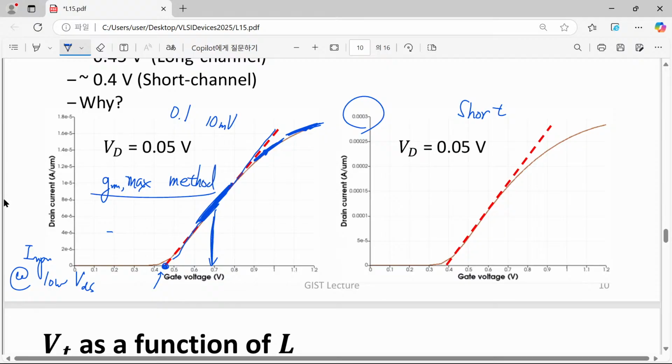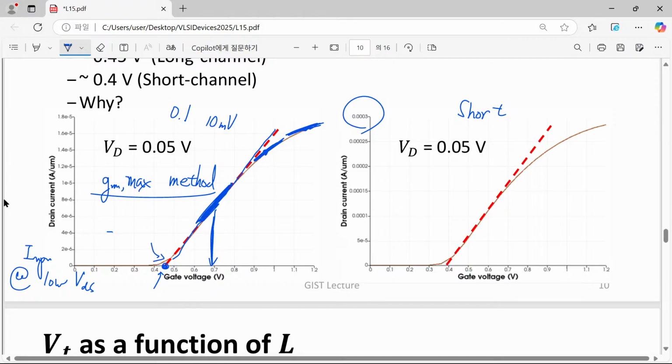So just to point out the position, the voltage where it shows the maximum transconductance. From that maximum transconductance point, try to make a linear approximation, and you will find the threshold voltage.